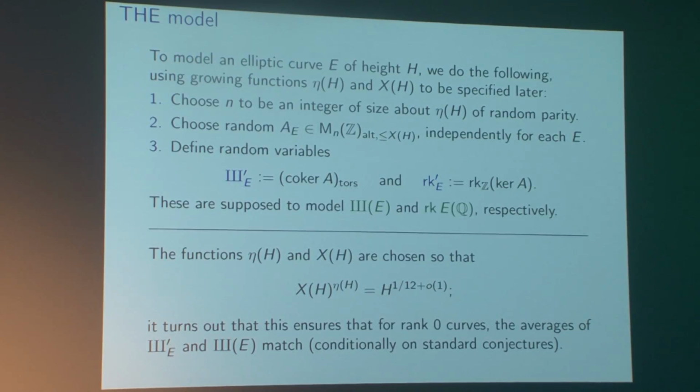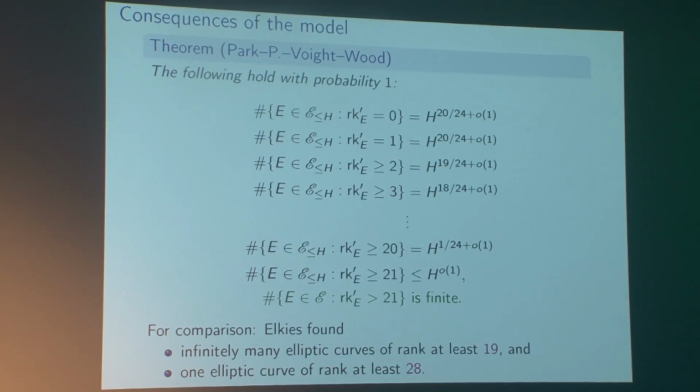Okay, so at this point we have a model. Now we list all the elliptic curves and do this random matrix for each one. We get a sequence of things that should be behaving like the ranks of all these elliptic curves. We can ask what ranks come out if we do this random experiment, and we prove a theorem about that.